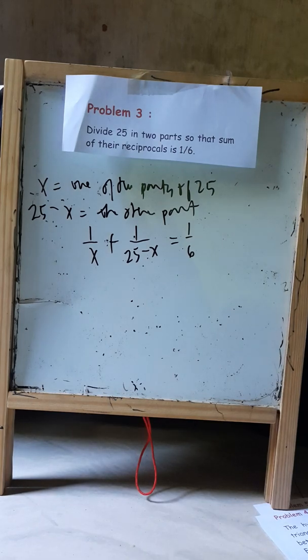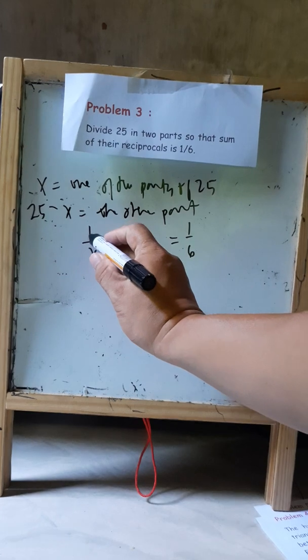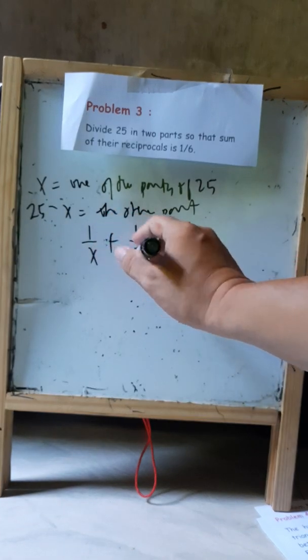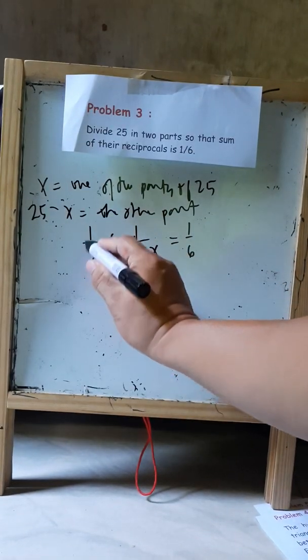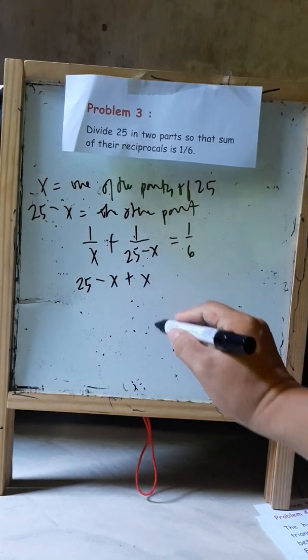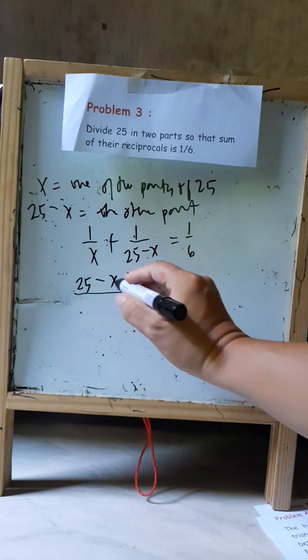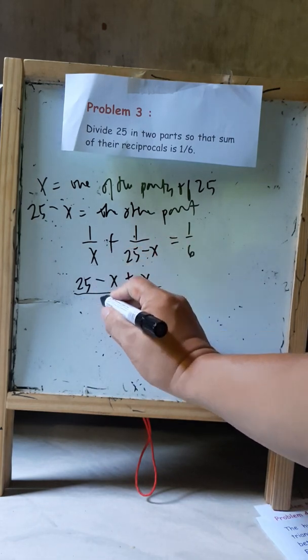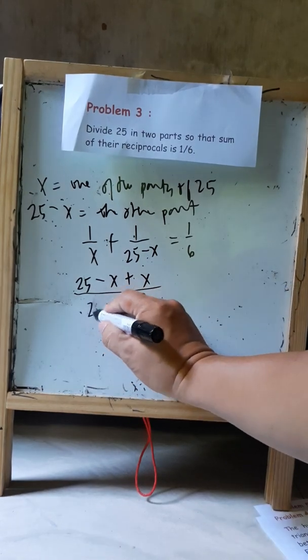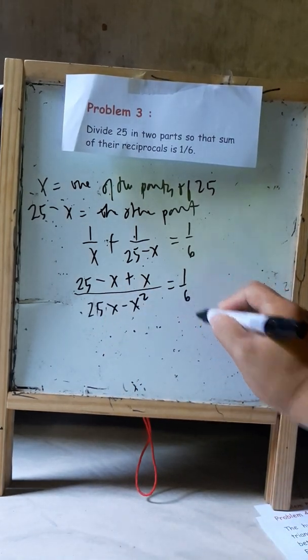This is a rational equation that can be transformed to a quadratic equation. So let's start. You can add the left side of the equation first: 1 times (25 minus x) plus 1 times x, all over the product of 25 minus x and x, which is 25x minus x squared, is equal to 1 over 6.